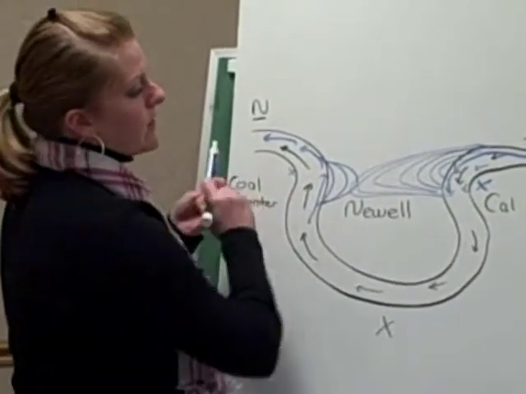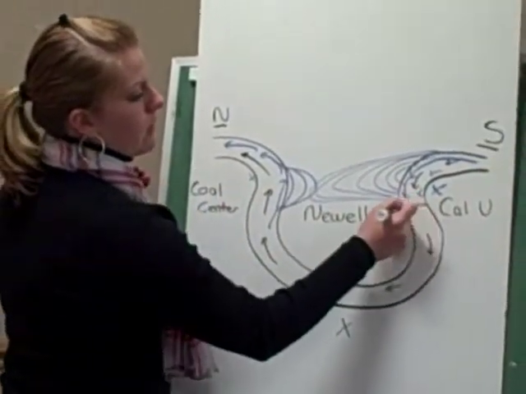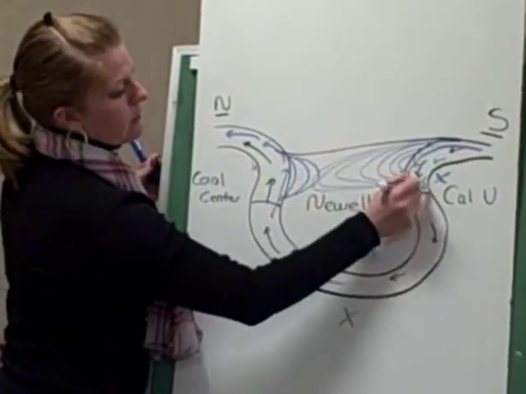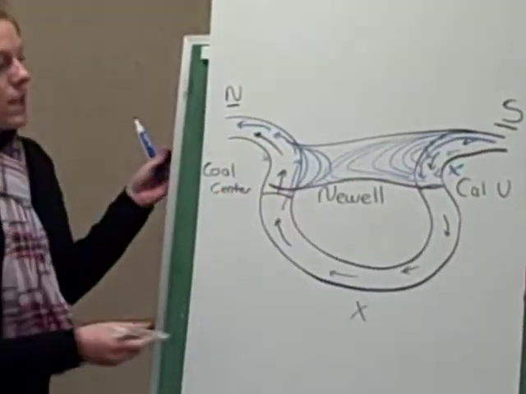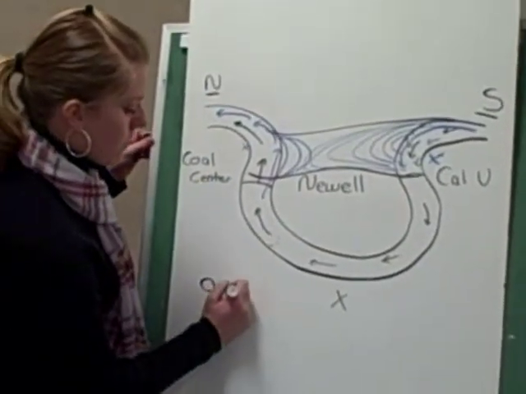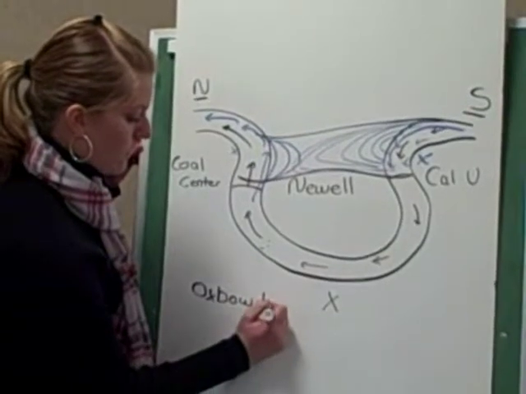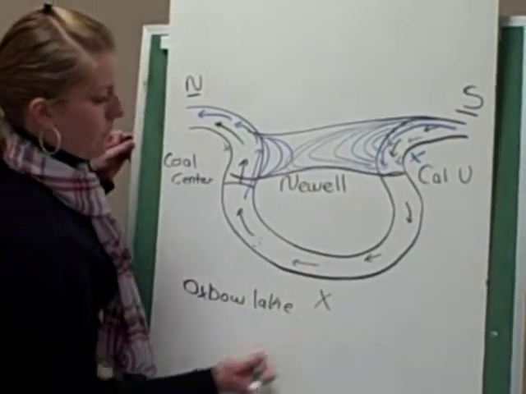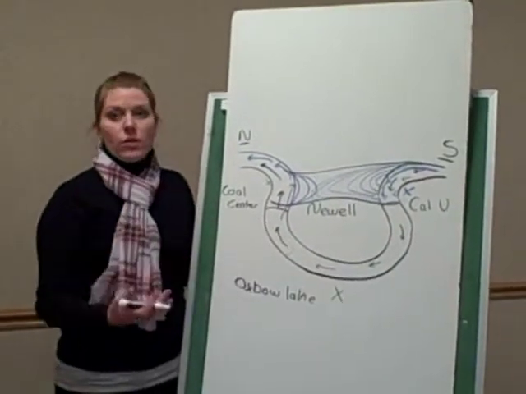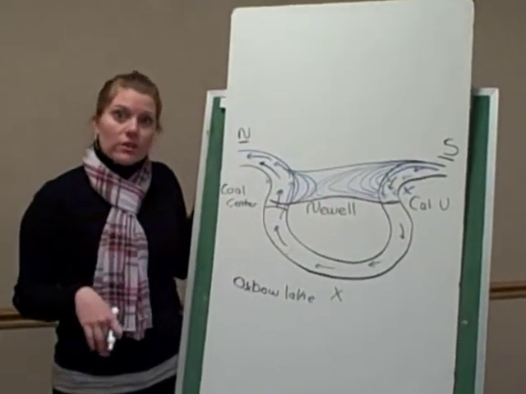It's going to cut off this section here, and our river is going to follow this path. This would be what we had talked about earlier, our Oxbow Lake, where the only incoming water to this portion here would be any sort of runoff, groundwater, or precipitation.